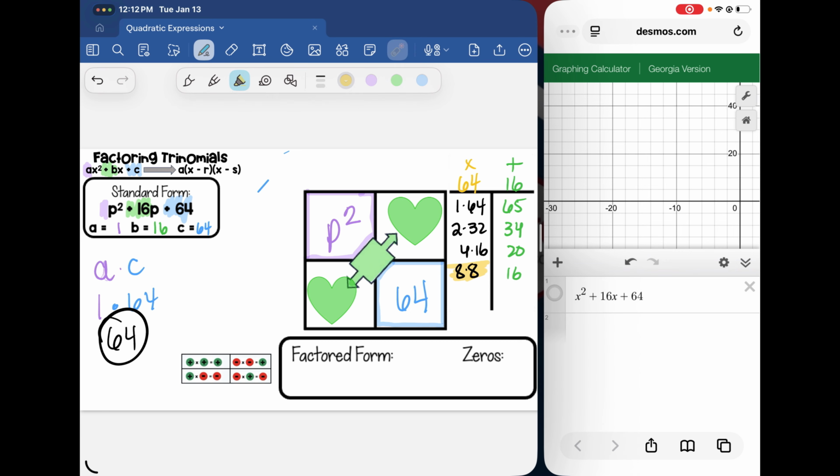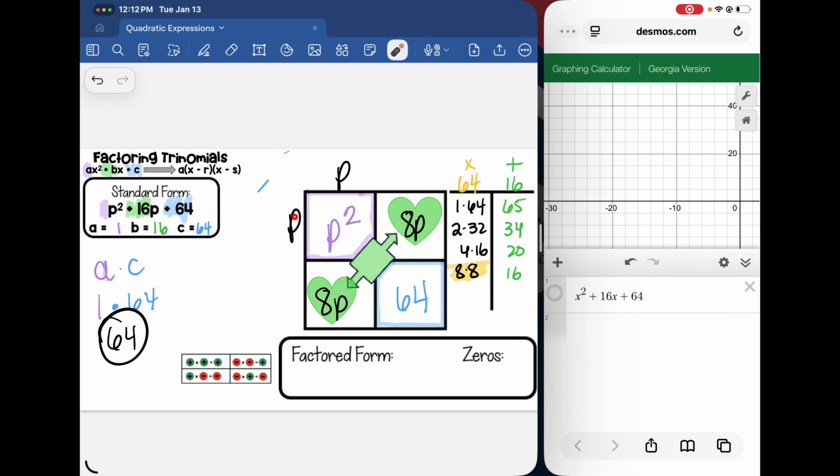So I'm going to rewrite these two little boxes to say 8p and 8p. All right. So I want to write my two parentheses. What's going to go on the outside of this little box on these two corners right here? Because both of them say p squared. So hopefully you say a p and a p. Well, what can I multiply by p to give me 8p?